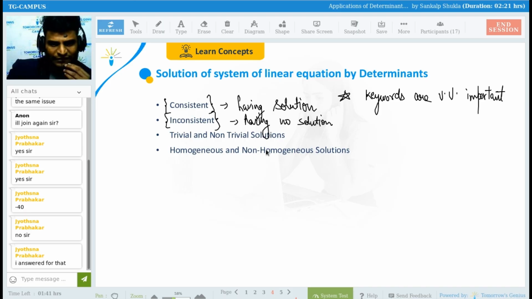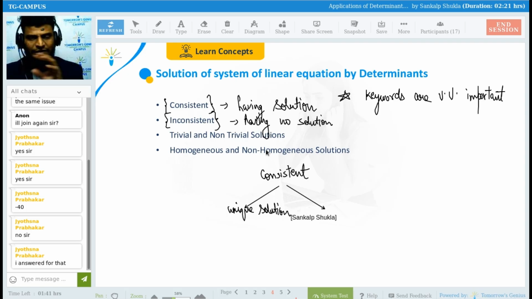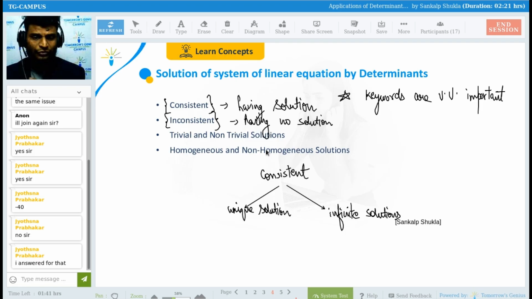See, if a system is consistent, then again we have two options. Either it will have a unique solution or it will have infinite solutions. Because I only talked about consistent, that means we must have a solution.